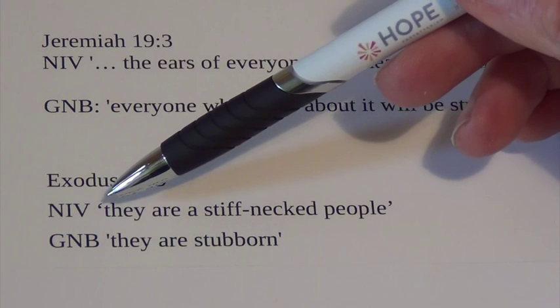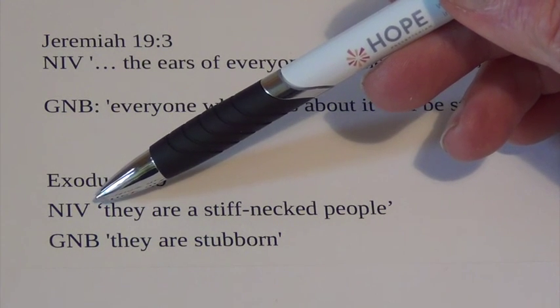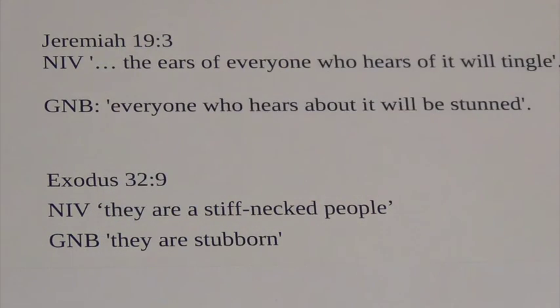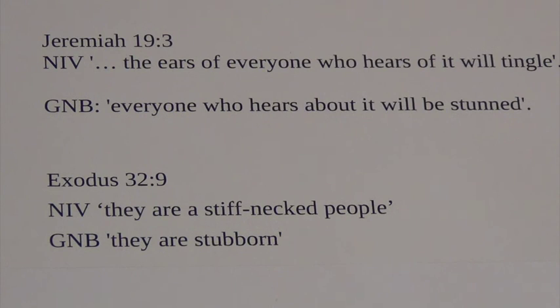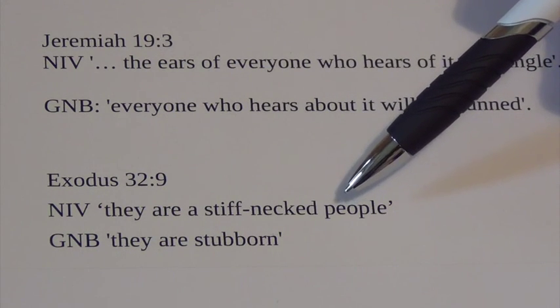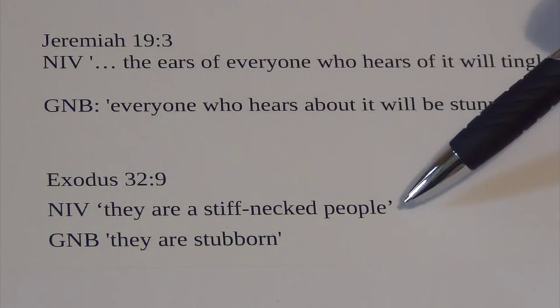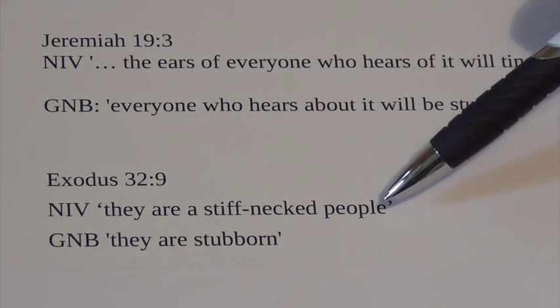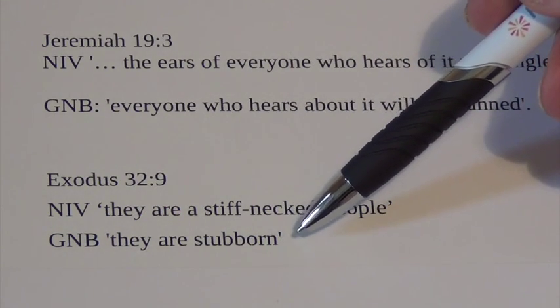But the reason for the difference is that the NIV Bible English is a slightly different dialect of English to the Good News Bible English, and that's why the different wording seems to be entirely different wording. At first blush it seems to be saying an entirely different thing, but you've got to realize that this is how you say it in NIV Bible English, and this is how you say it in Good News Bible English, which is pretty much plain English.